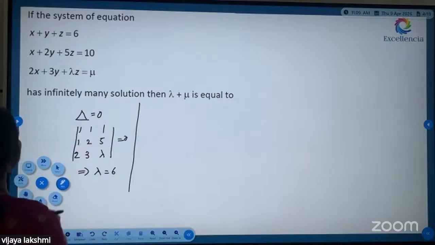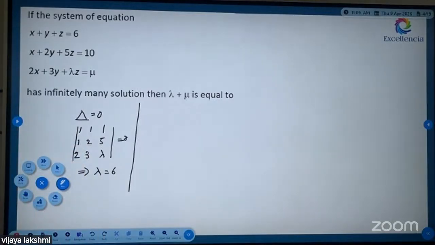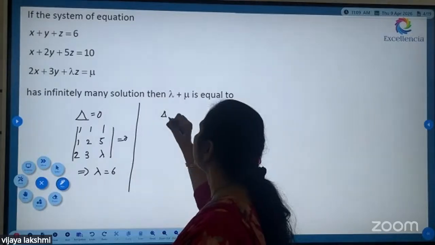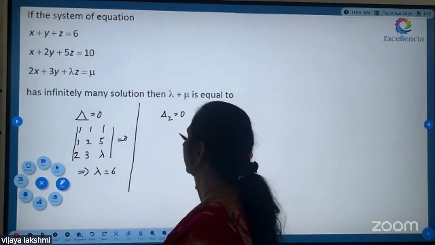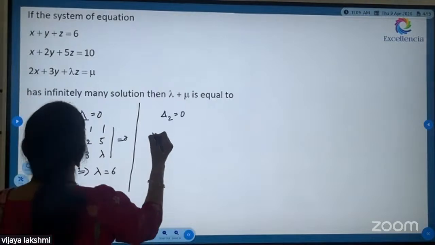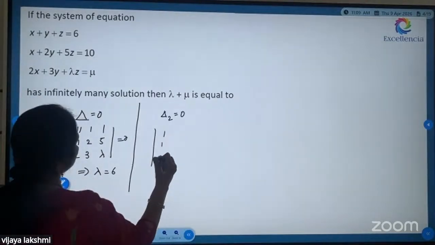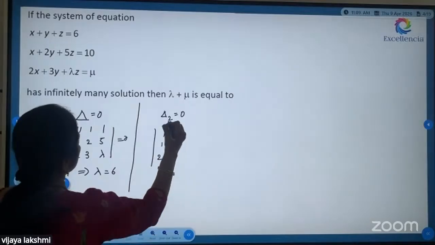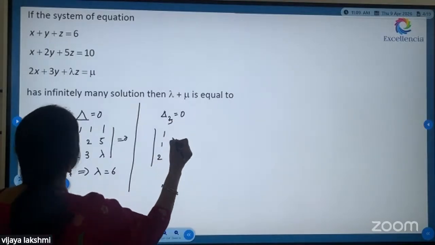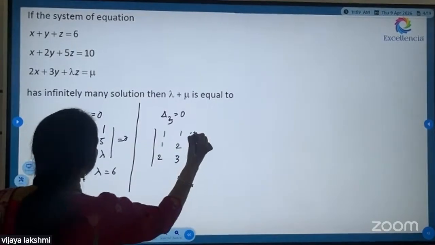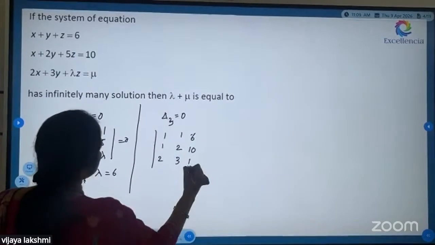Similarly, mu also we have to find. That's why I'm considering delta 2 equal to 0. If you write delta 2 equal to 0, you get the determinant with columns 1, 1, 2 and 6, 10, mu.